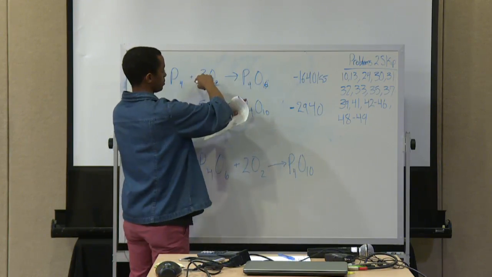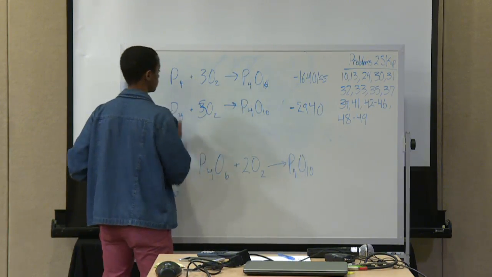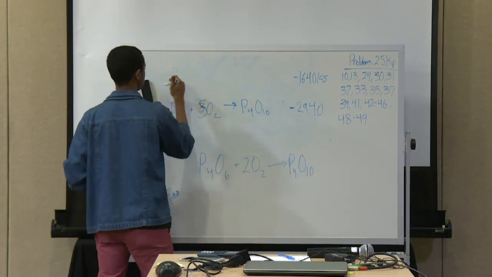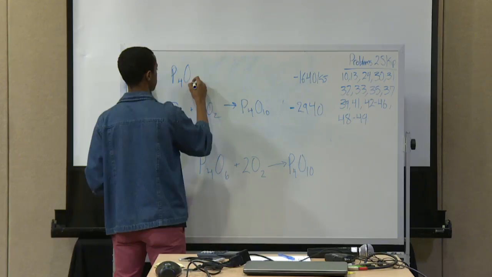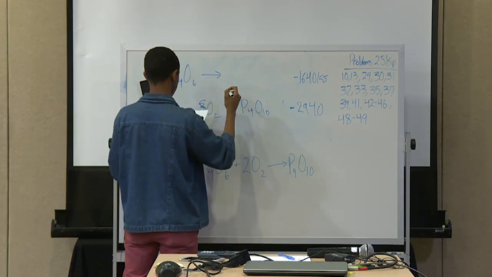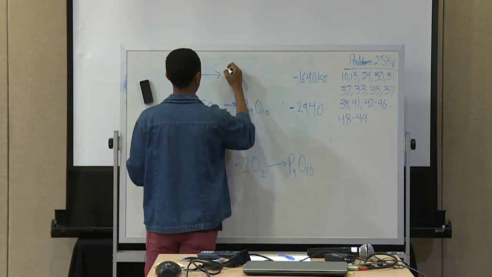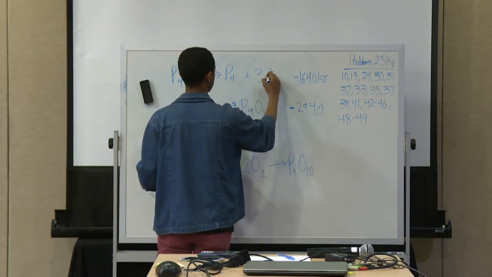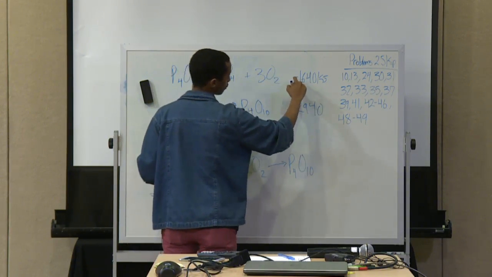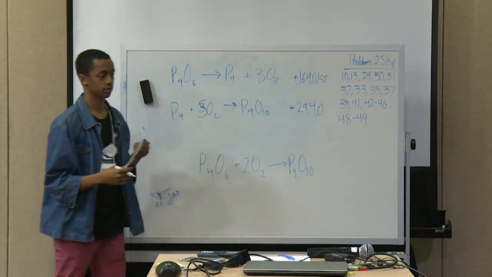So if this is flipped, I'll flip it for you guys so you don't have to abstract think. P4O6 comes out to P4 plus 3O2. So if I flip that, I got to flip the sign here. So that's a positive. Yes?